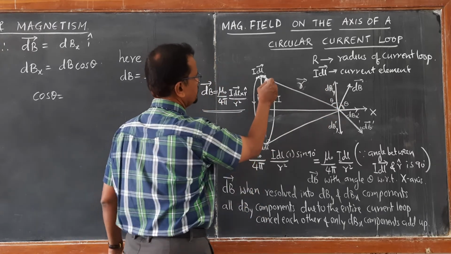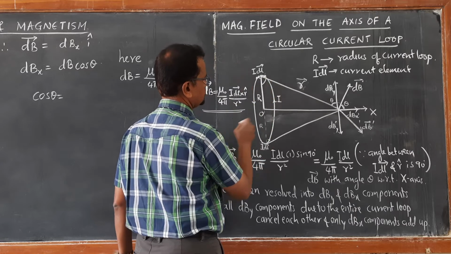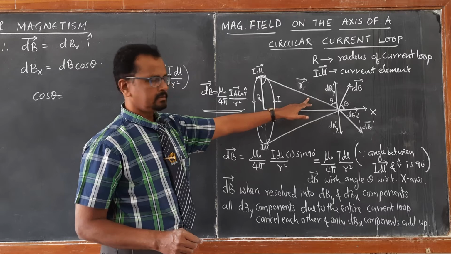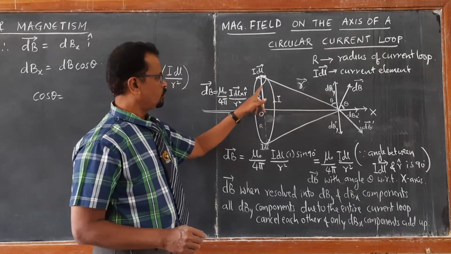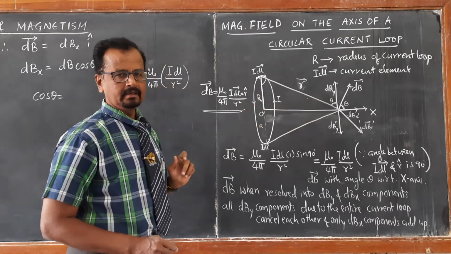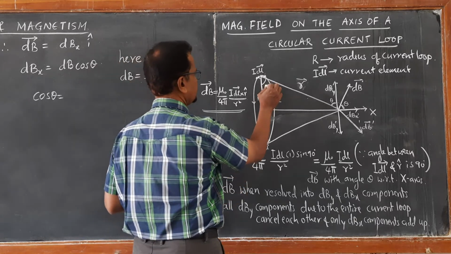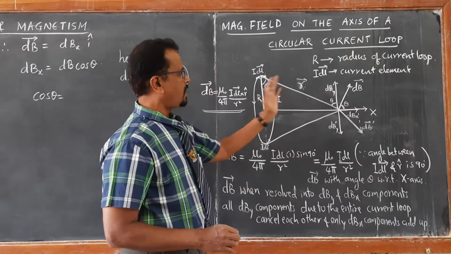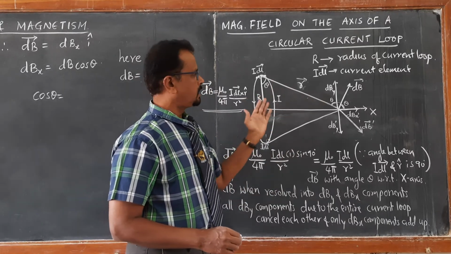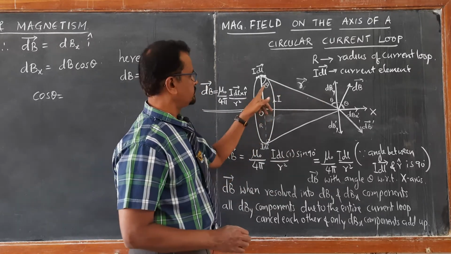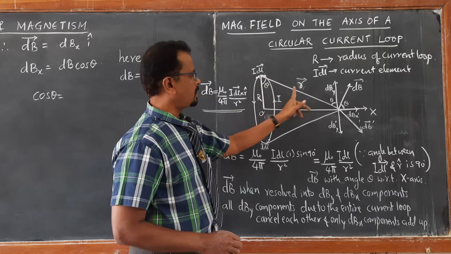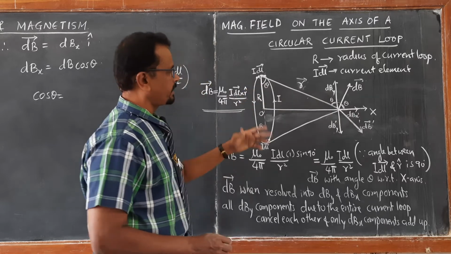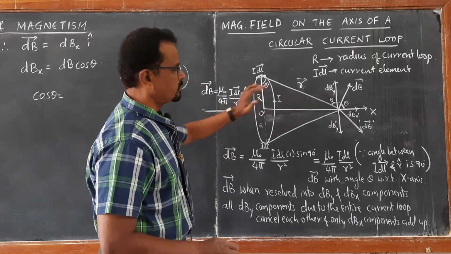If you draw this angle between the distance vector and the radius, this angle is also theta, because these are alternate opposite angles and they are equal. If this is theta, then this is also equal to theta. Then I can very easily find out the value of cos theta.